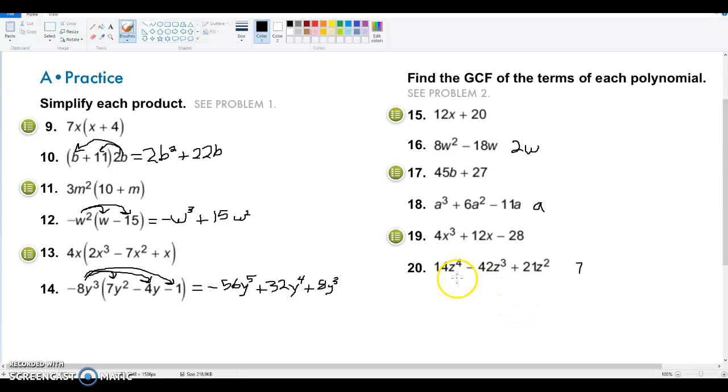We've got z to the fourth, z cubed, z squared. Out of this z squared, we can't get a z cubed. So our greatest factor in z squared is going to be z squared. And we've got a z squared inside of z cubed, obviously, because 2 is less than 3. A z squared inside of z to the fourth because 2 is less than 4. So we have 7z squared is our greatest common factor on number 20.